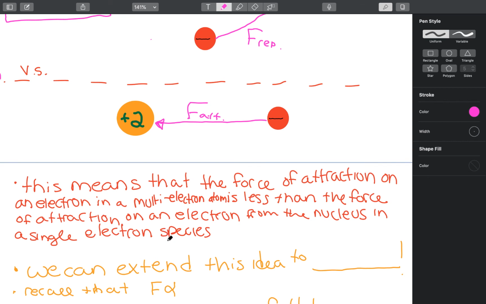So note that the more core electrons you add, the key to know is core electrons. The more core electrons you have between your outer electron and your nucleus, the less your force of attraction. And that's because you have these repulsive forces.